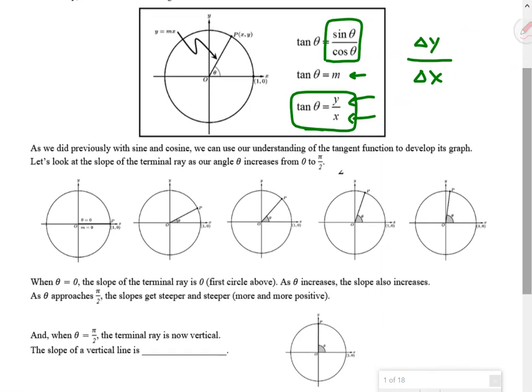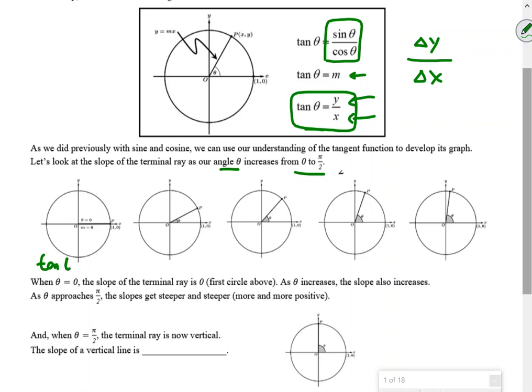When you look into the first quadrant, angle theta is increasing from 0 to pi over 2, meaning I am in the first quadrant. So 0 is here, and pi over 2 is right here. And angles keep changing, so you have infinitely many tangent values from here, because angles keep changing from 0 to 90 degrees.